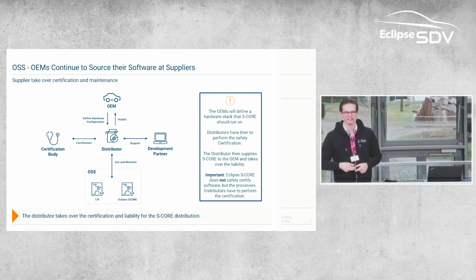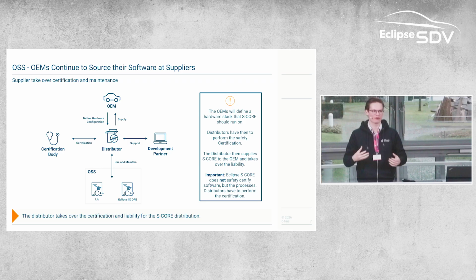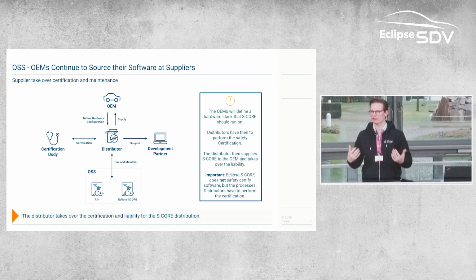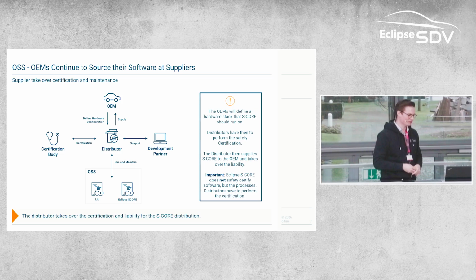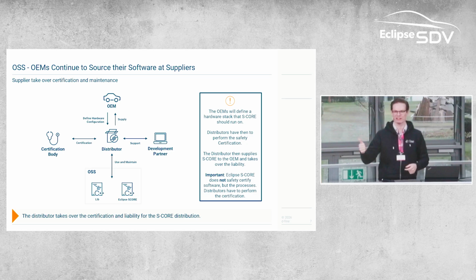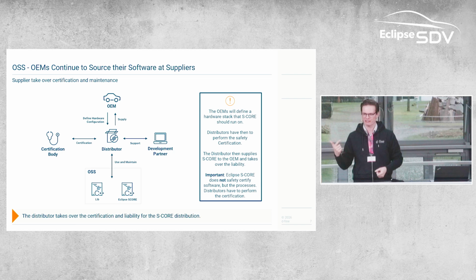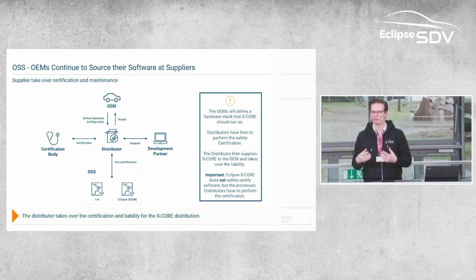And the second is a lot of suppliers, especially Tier 1 suppliers, are afraid of, okay, now we are open sourcing everything and we're losing somehow our business model. We cannot do any more money with that. But this is not right. The specifications come from the suppliers, from the OEMs within the project. It is developed together, but then the software has to go into the vehicle.